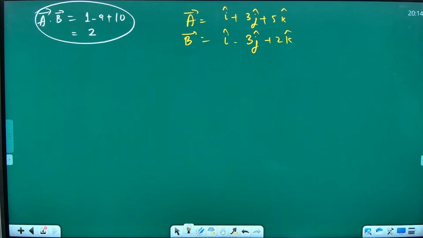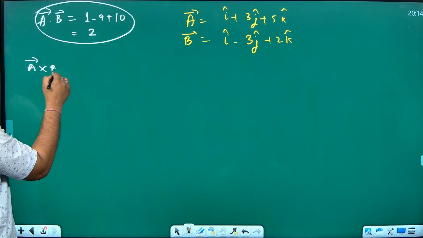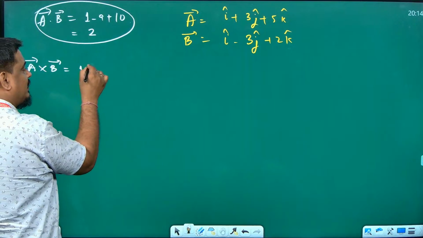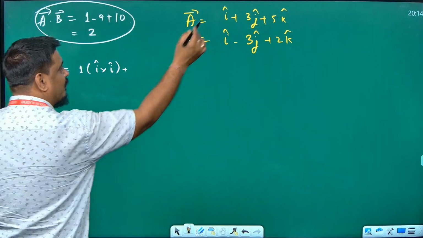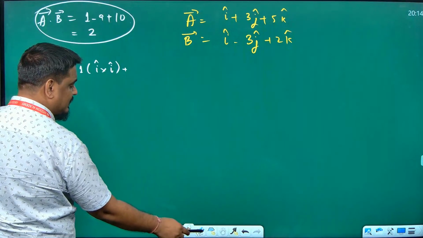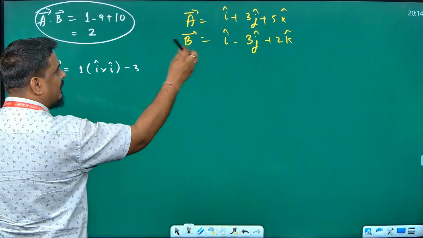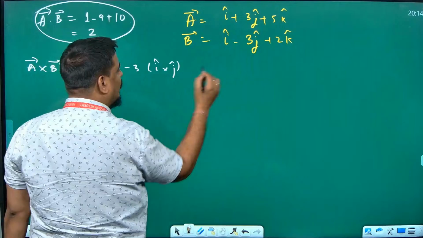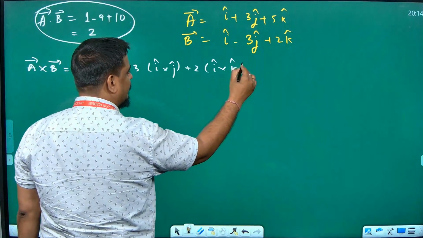Cross only you should be very careful. 9 terms will come here. Okay? So if I write a vector cross b vector, have patience. 1 into 1 is 1 I cap cross I cap, plus 1 into minus 3 is minus 3, so if I write minus 3 here, it will become I cap cross j cap. 1 into 2 is 2 I cap cross k cap.